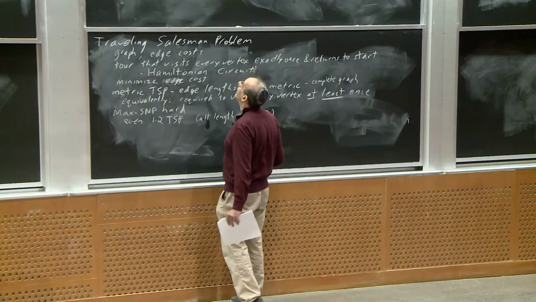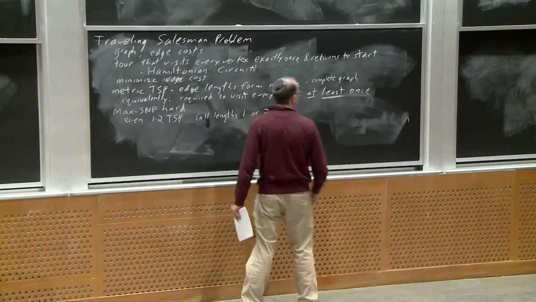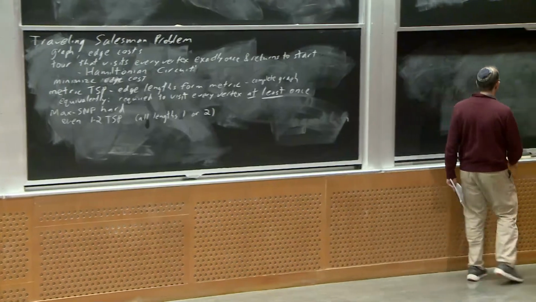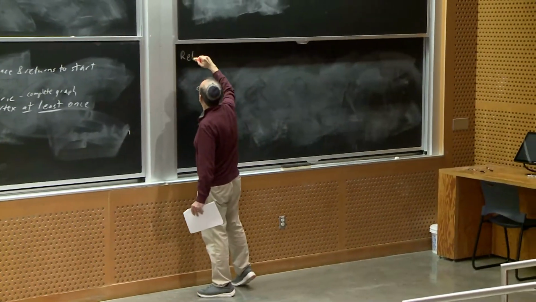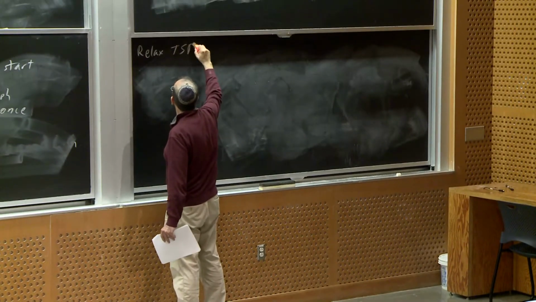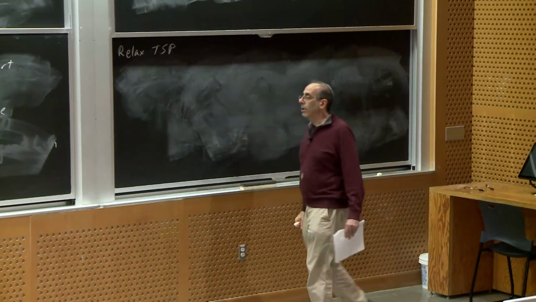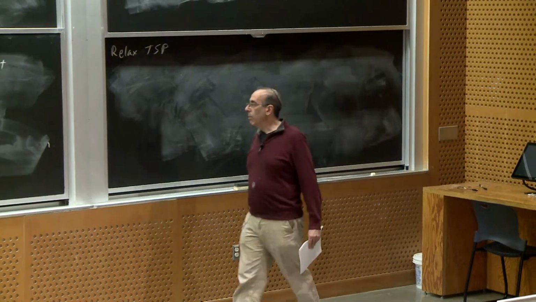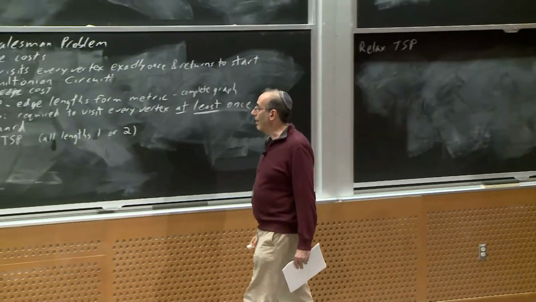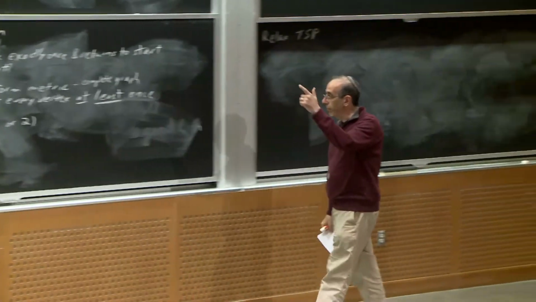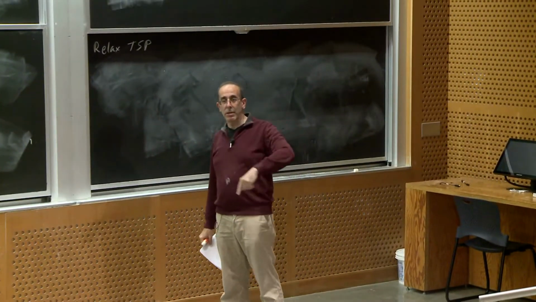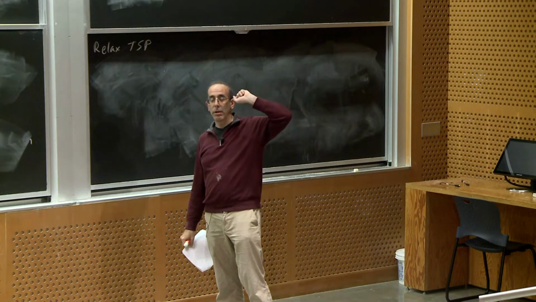Let's look at how we can get an approximation to the traveling salesman problem using relaxation. So what will make a plausible relaxation of the traveling salesman problem? The goal of the traveling salesman problem is to kind of join up all the vertices through a single path.